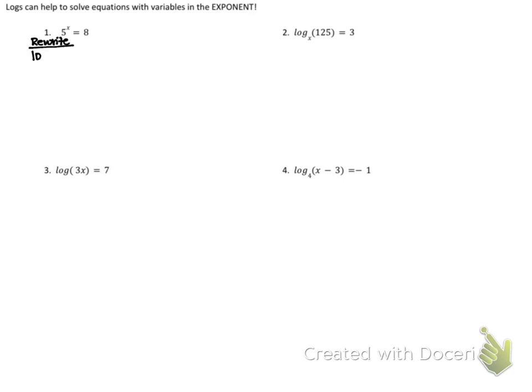So we can do log. The base of this exponential is going to be the base of the logarithm. The exponent is what's across the equal sign. And then whatever it was equal to is what goes inside.